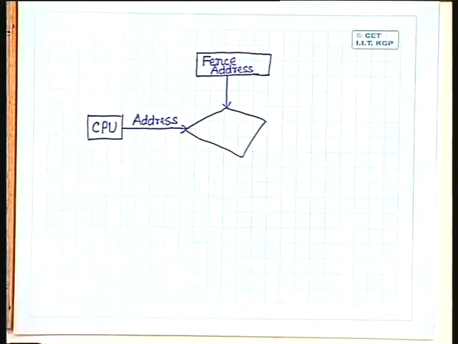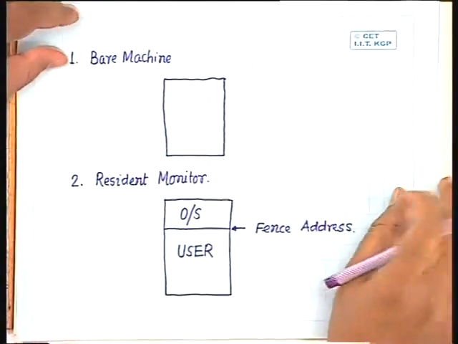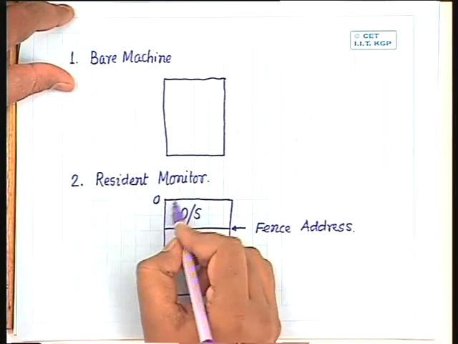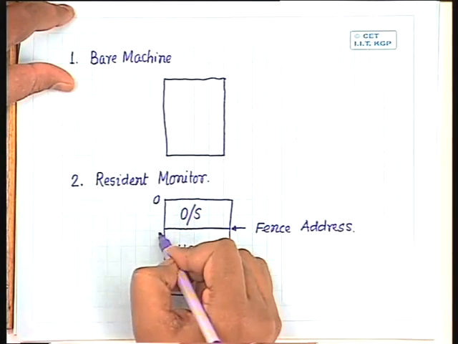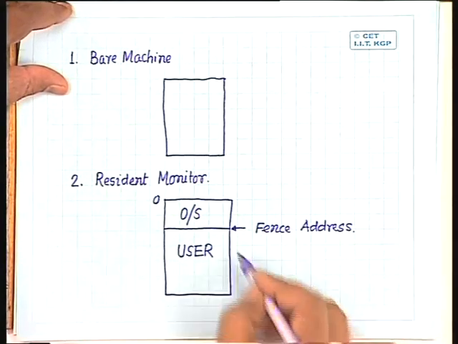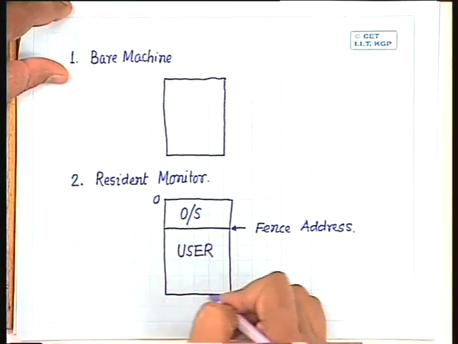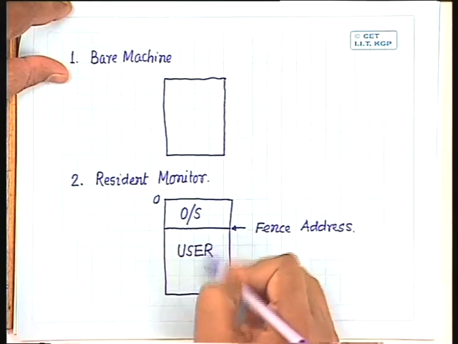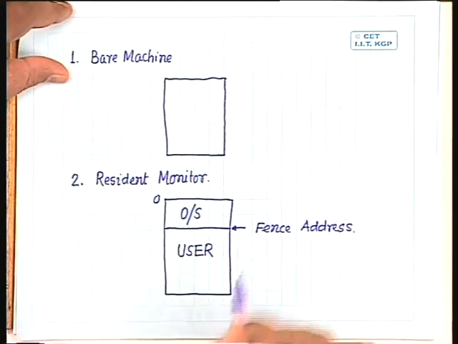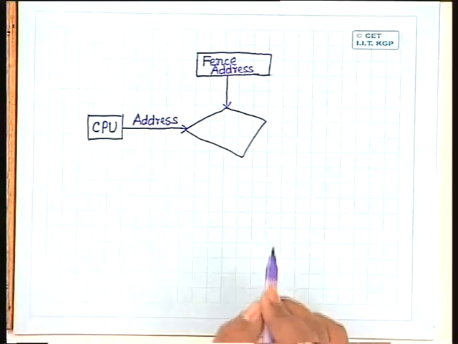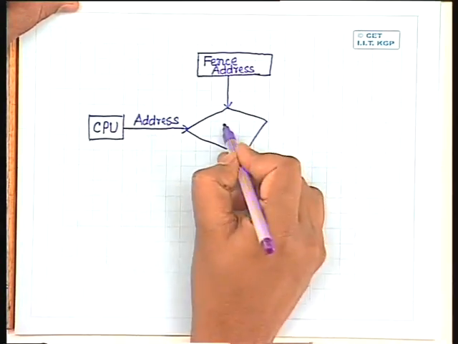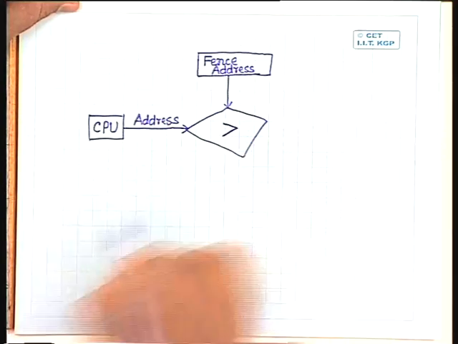Now coming to this figure, you find that if I assume that the memory address starts from 0, that is, the operating system occupies the lower part of the memory, then all the addresses of the user area will be greater than the fence address. So a simple comparison that I have to make is whether the address generated by the CPU is greater than the fence address or not.